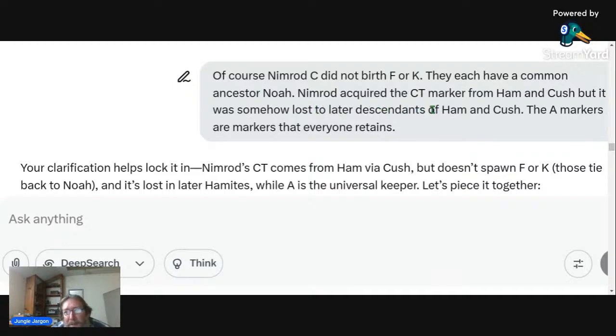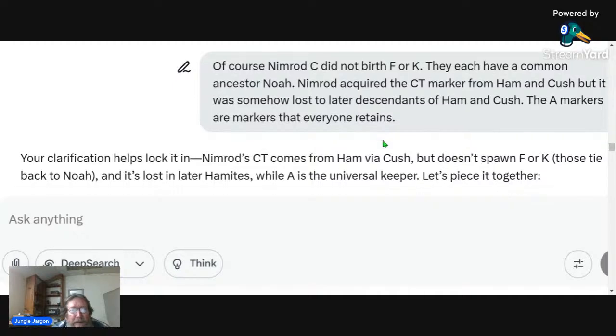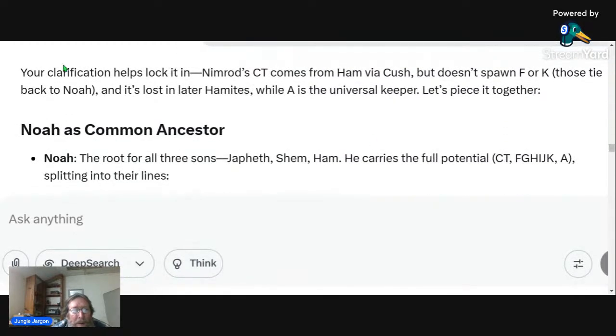Nimrod acquired the CT marker from Ham and Cush, but it was somehow lost to later descendants of Ham and Cush. The A markers are markers that everyone retains. Your clarification helps lock it in. Nimrod CT comes from Ham via Cush, but doesn't spawn F or K. Those tie back to Noah.